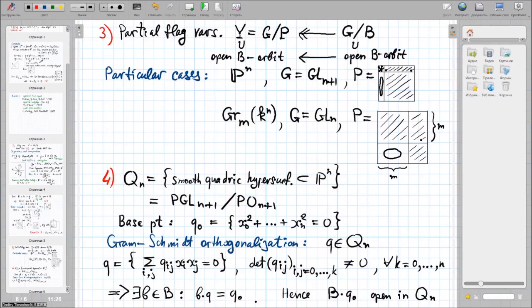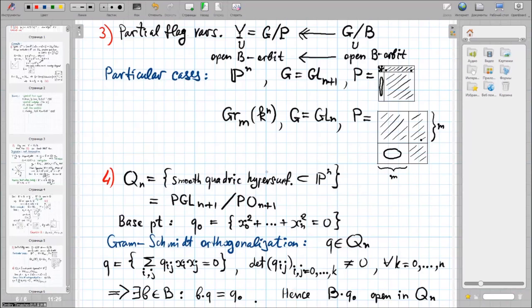It consists of all quadrics whose matrix of a quadratic form defining this quadric has non-vanishing upper left corner minors. These are inequalities defining the open Borel orbit. So the space of smooth quadric hypersurfaces is again spherical.